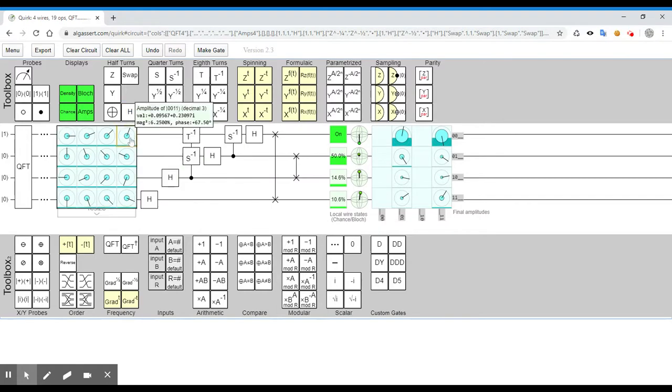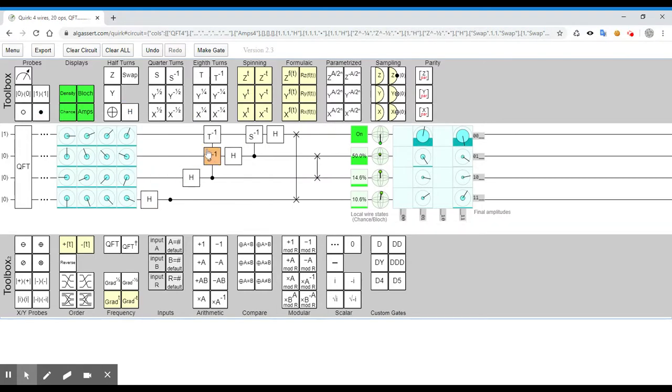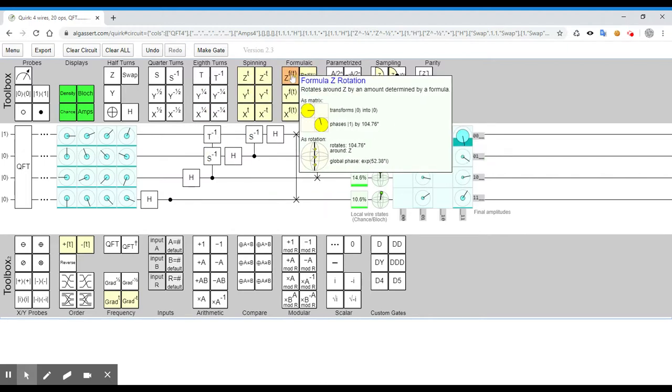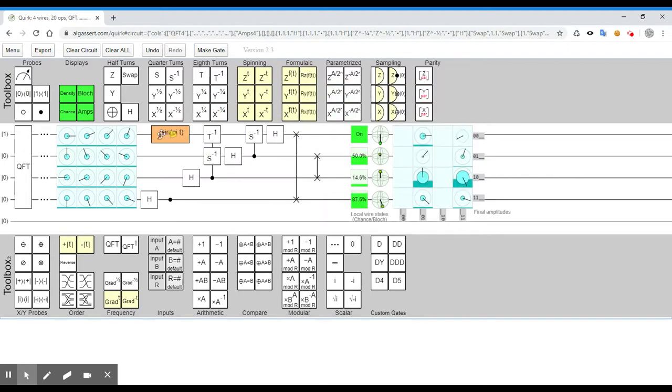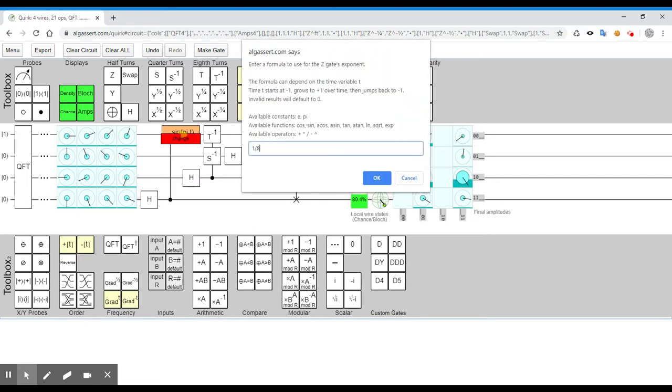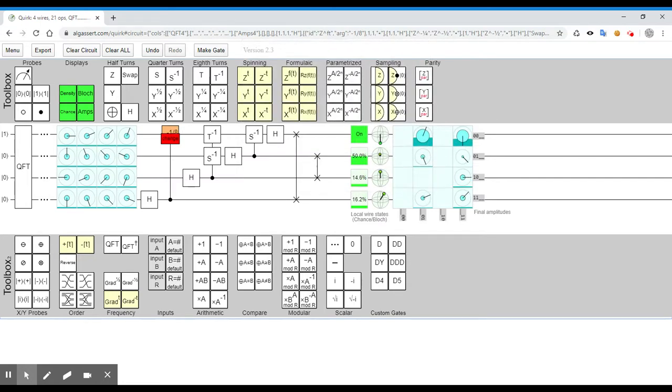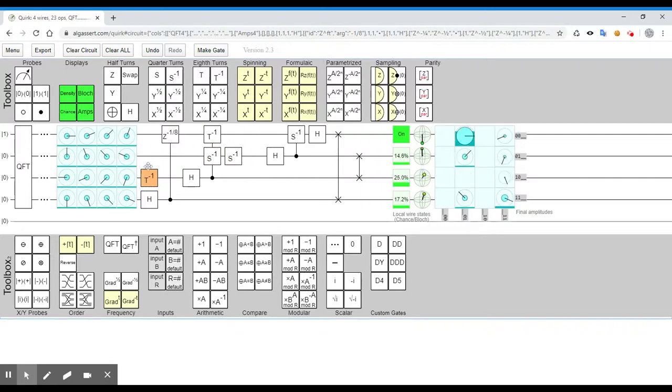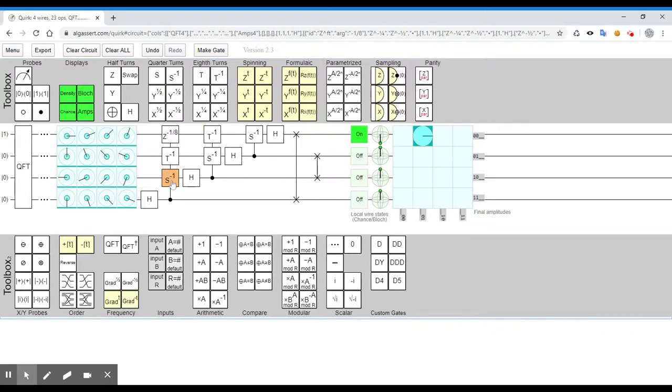I need a control, and I basically need a... So this is going to be 1 minus 1 divided by 8, and then we've got a copy of this and a copy of this that go here and here.